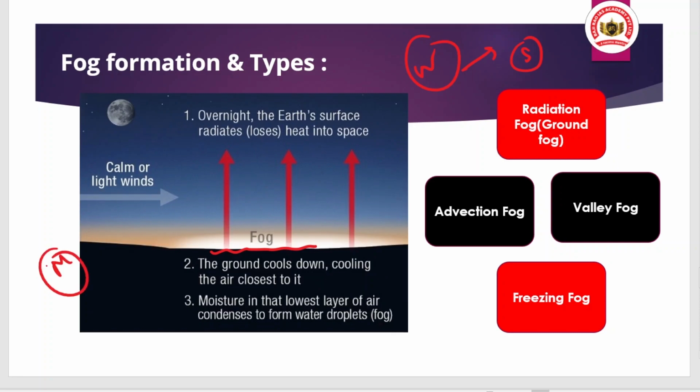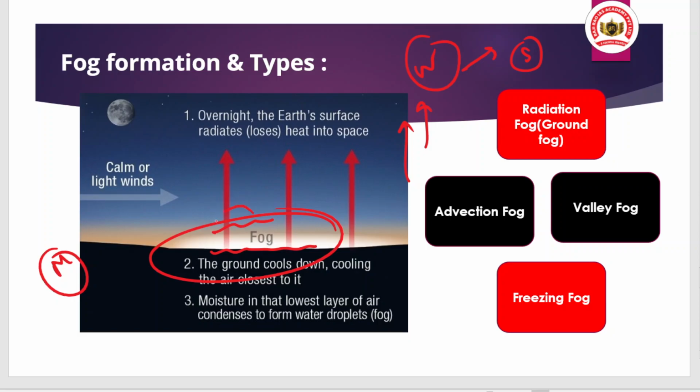That is another concept. Because of that, there is a release of heat more than the consumption of heat. So that's why the surface gets cooled down very easily, and it also cools down the nearby air which is present above the ground.